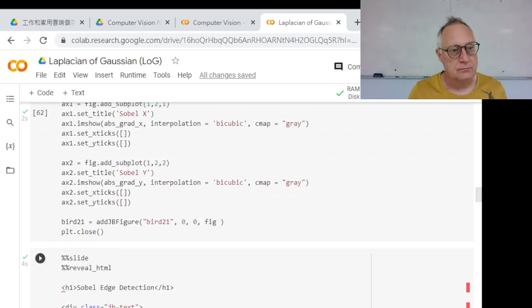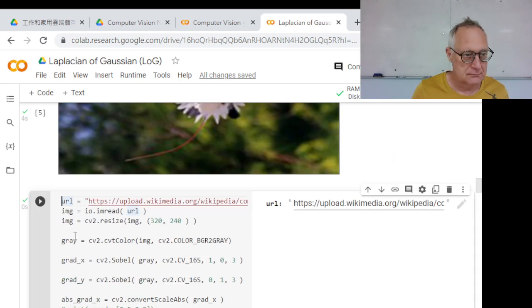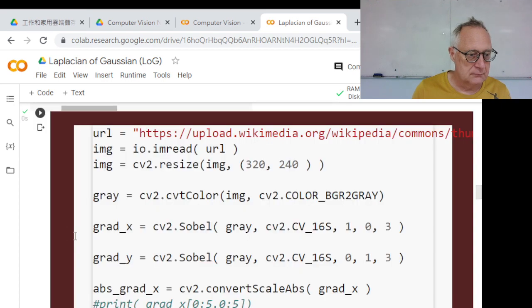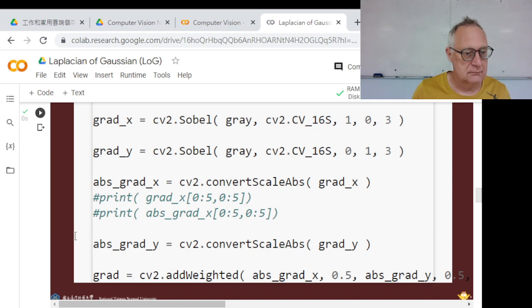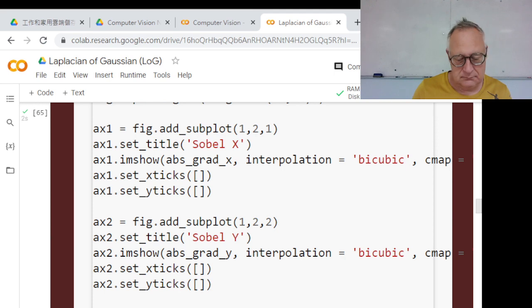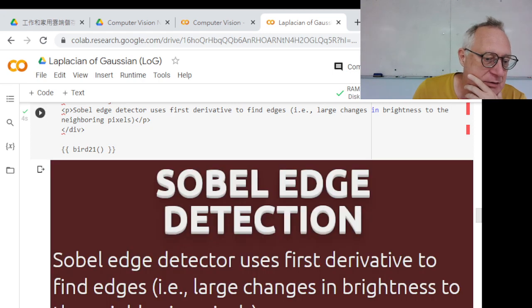Now, if you look at that image, then you can see maybe already some of the problems, in particular here in the Sobel edge detection.